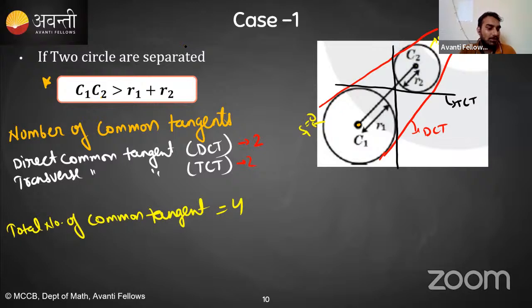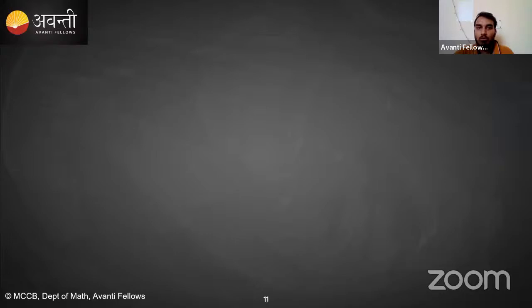Case 1: when the 2 circles are separated, the total number of common tangents is 4, of which 2 are direct and 2 are transverse. Is this clear? Okay, let's move on to case 2.